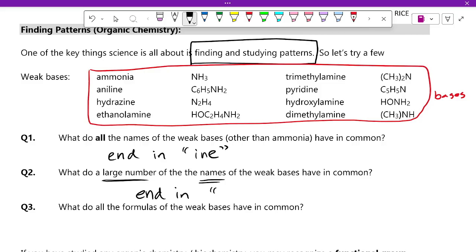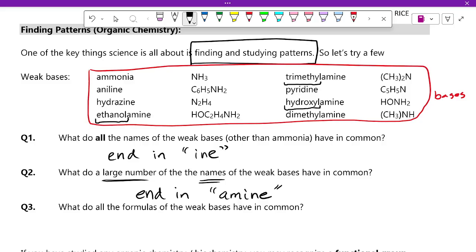And there's method in my madness for why I left out the L. The reason is that this part of the name refers to the fact that you've got ethanol and then you've got amine. We have 3 methyl groups on an amine. We have a hydroxyl group on an amine, okay?